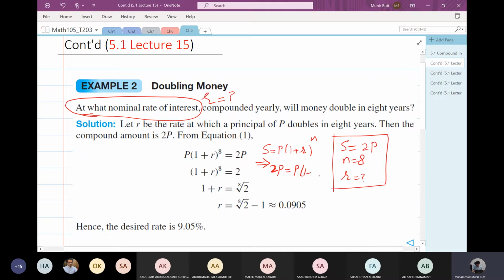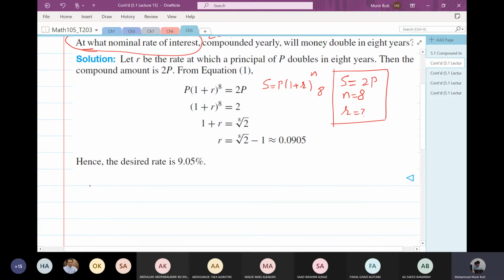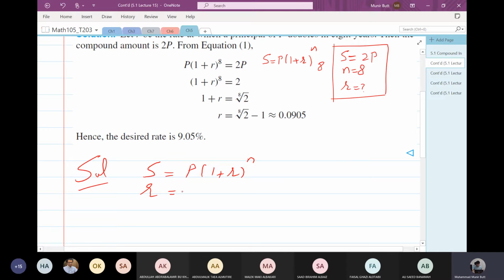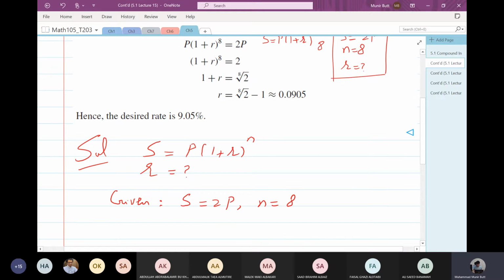So 1 plus R to the power 8. And now from here, maybe I should write it here, it is better. So S is equal to P into 1 plus R to the power N. And we have to find what is R. So we have given S is the double of whatever this is, and N is equal to 8.